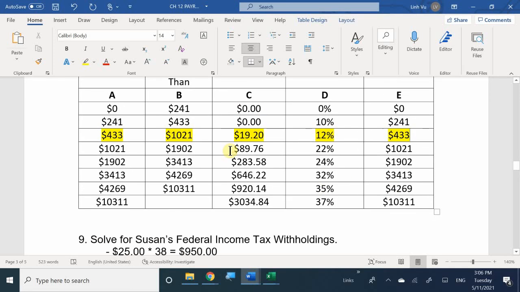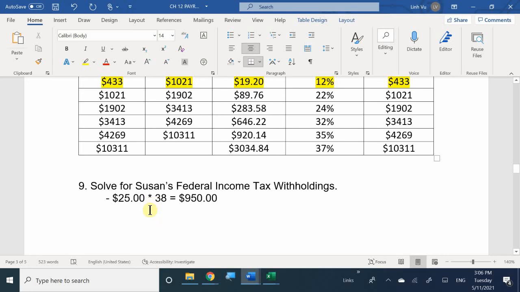The 950, minus the 433. It's 517. You said it was 517? Yes.